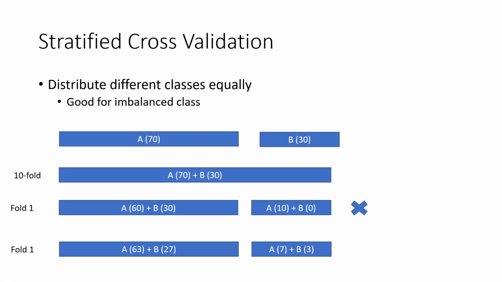If you add them, 63 plus 27 is 90. And in the test set, I want to have 10% from class A, which is 7, and 10% from class B, which is 3. So 7 plus 3 is 10. The numbers still add up, but they are distributed differently.